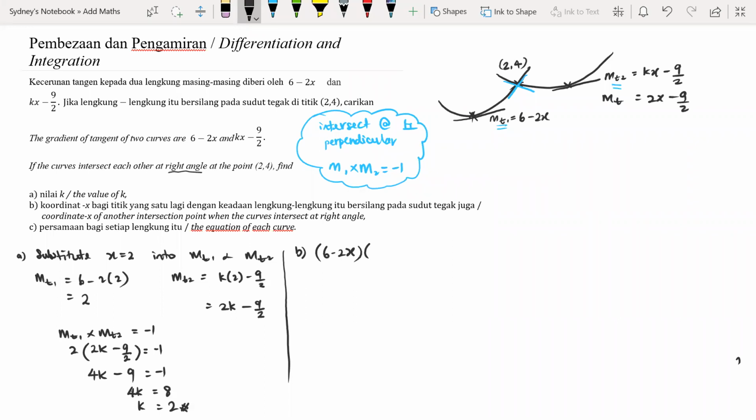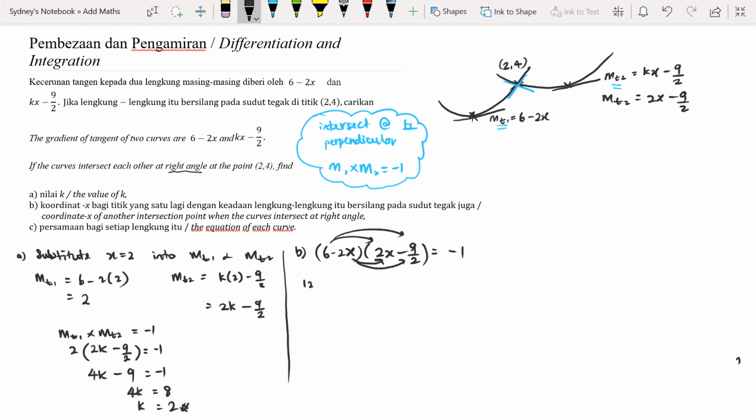That is the gradient of the second tangent. So take the gradient of the first tangent times the gradient of the second tangent, 2x minus 9 over 2. That gives us -1. So expand our expression.